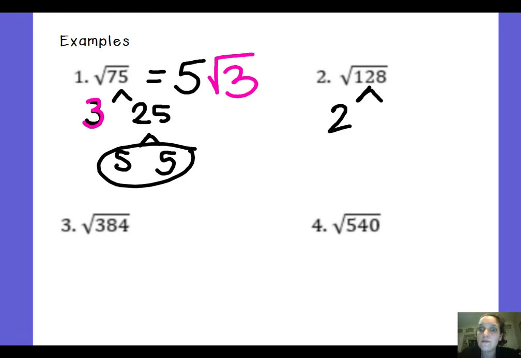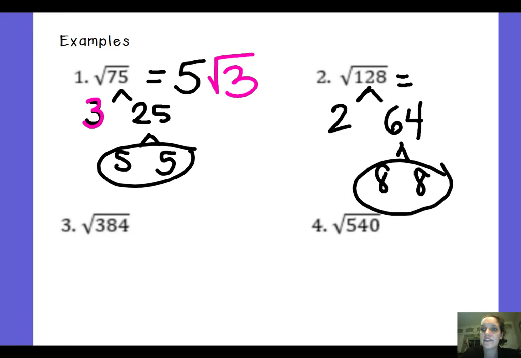So 2 times what gives me 128? 2 times 64. Well, how lucky are we? 64 is a perfect square. 64 is 8 times 8. The square root of 64 is 8, it can come outside. But then the 2, I don't know what the square root of 2 is. That's not a perfect square. So the 2 has to stay underneath the square root.